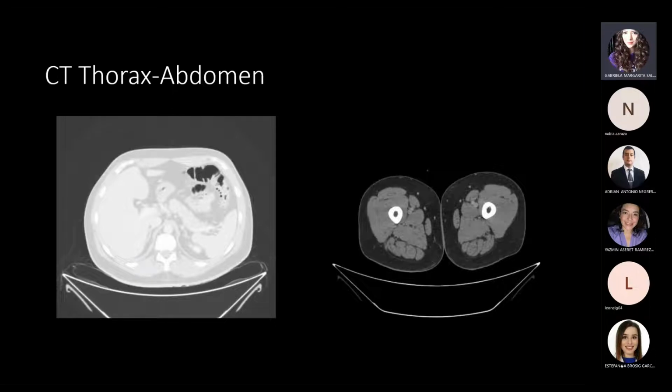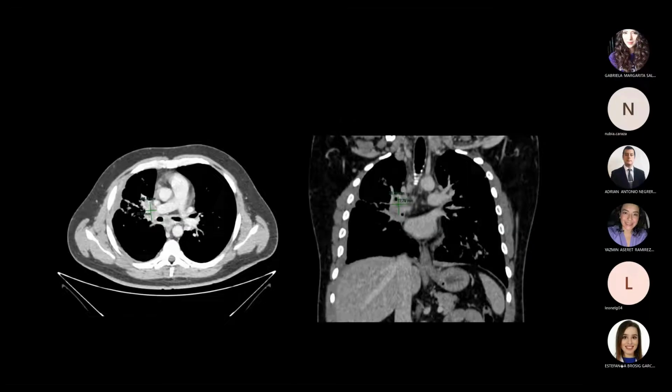With the findings of the chest and this other finding in the testis, we can also think that it was a metastatic disease. This is an adenopathy that I was mentioning before, that was in the perihilum.